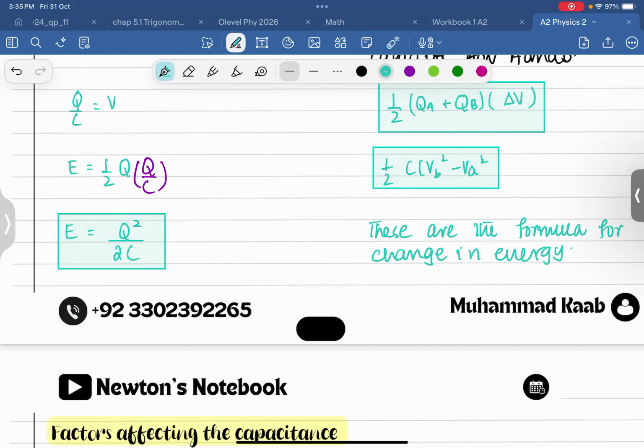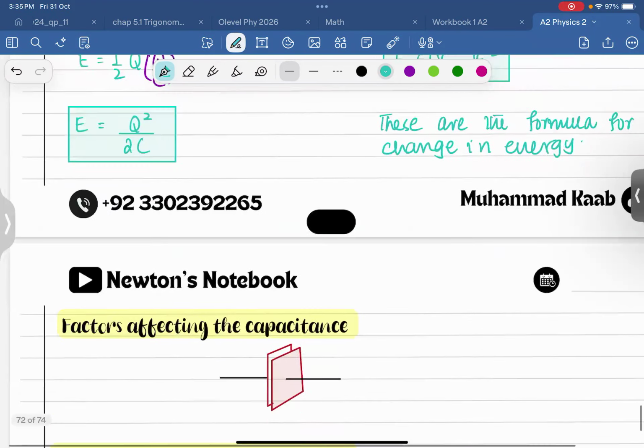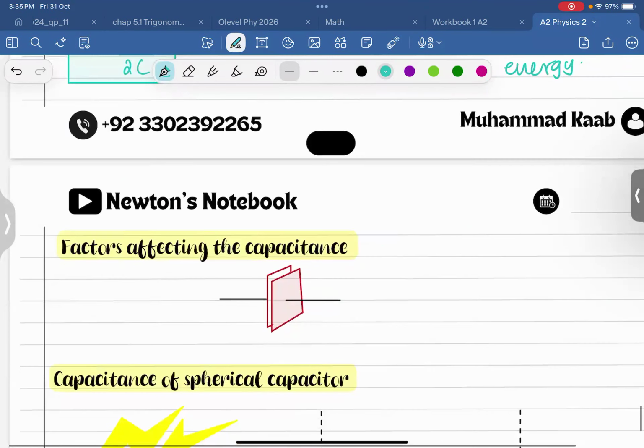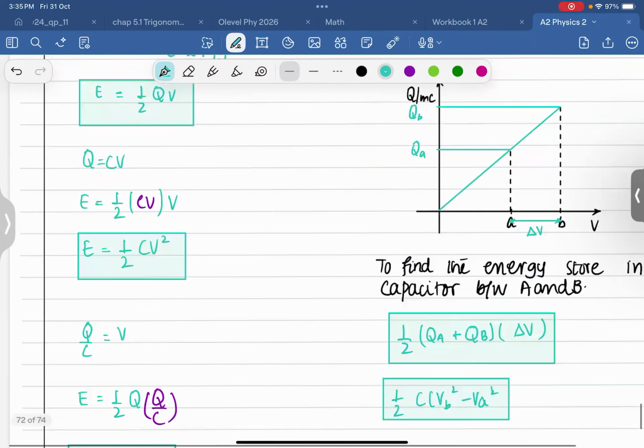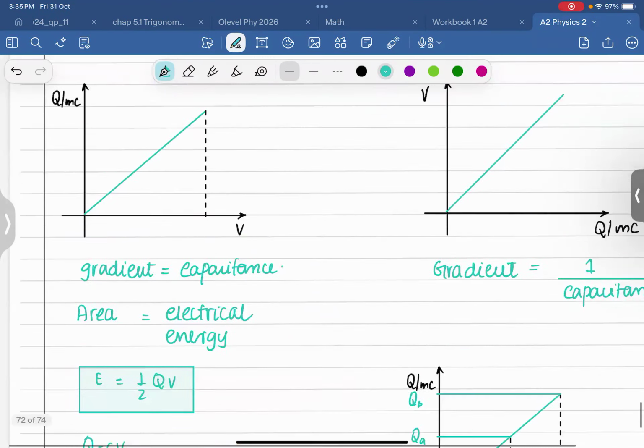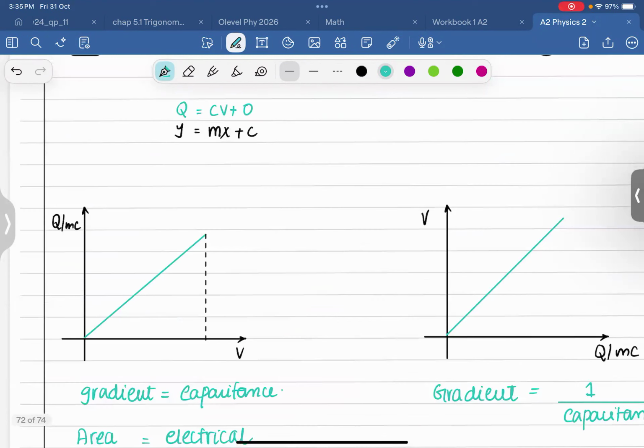Right, now we have another thing, that is the concept of the factors affecting the capacitance. Because when we see the formula Q is equal to CV, neither Q nor V will change the capacitor. If you increase the voltage, there will be more charge stored on the capacitor, and greater energy storage.